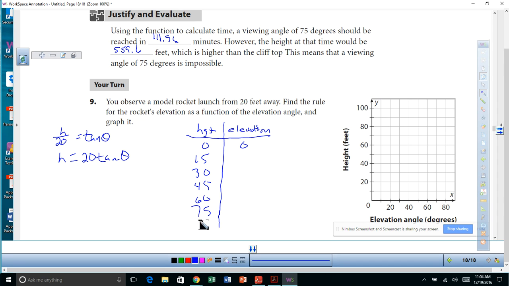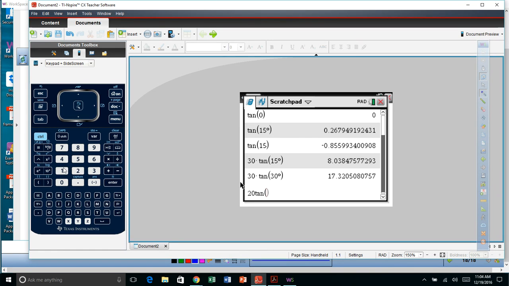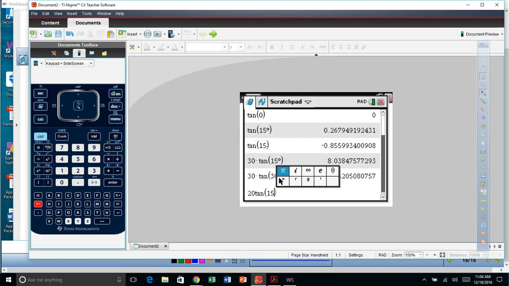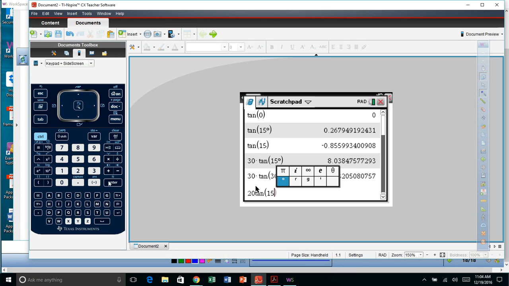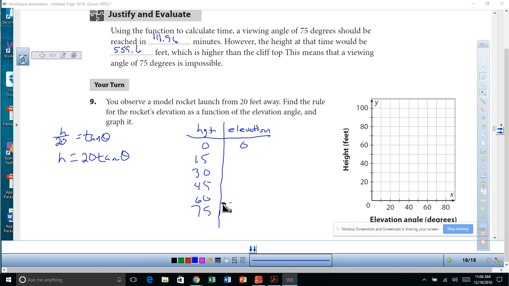Okay, so 20 tangent 15 degrees is going to be 5.36. And if you put the rest in your calculator, 30 would give you 11.55.